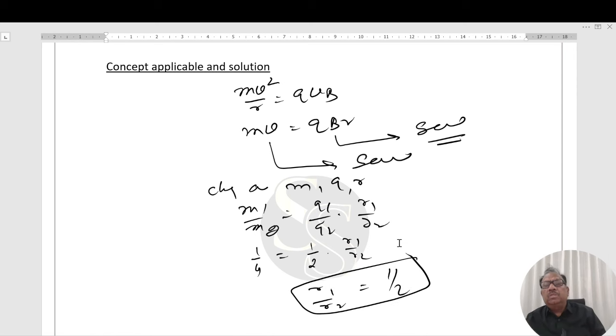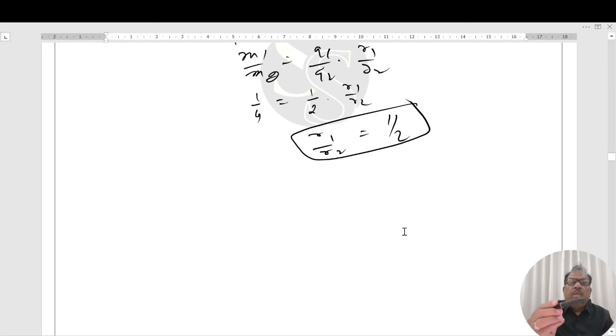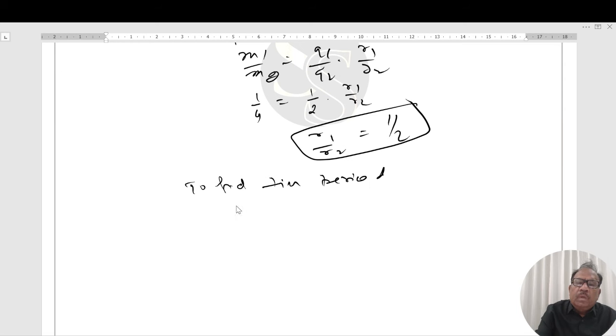This is not the answer. We have to find the ratio of time periods. To find the time period, we use speed equal to distance upon time. So time will be distance upon speed.